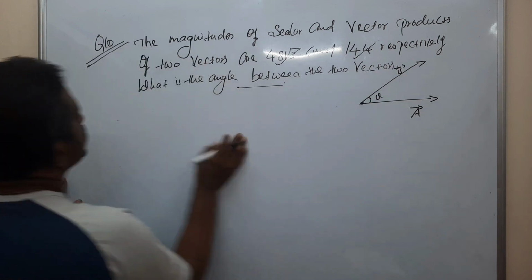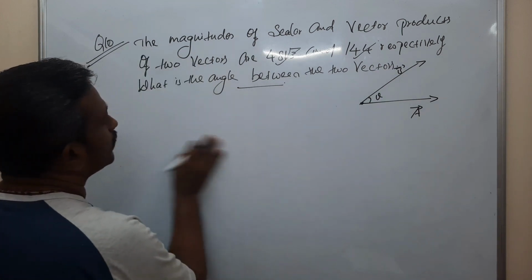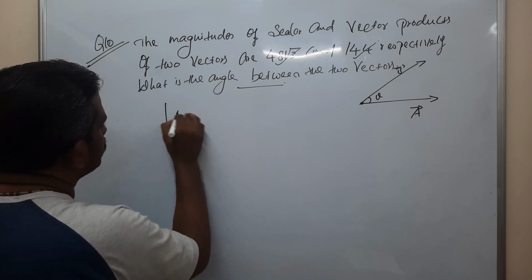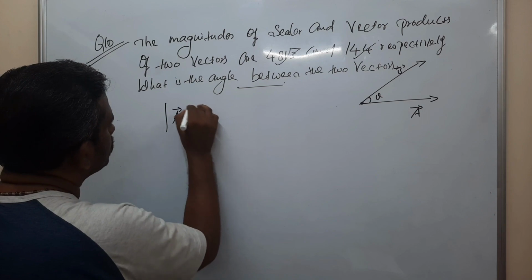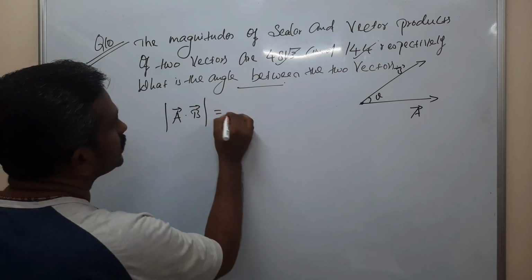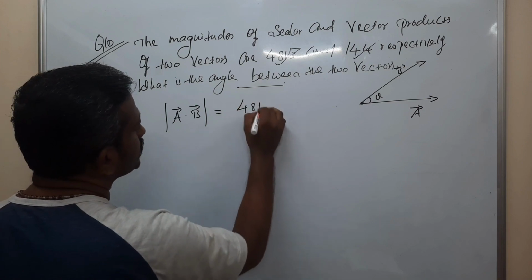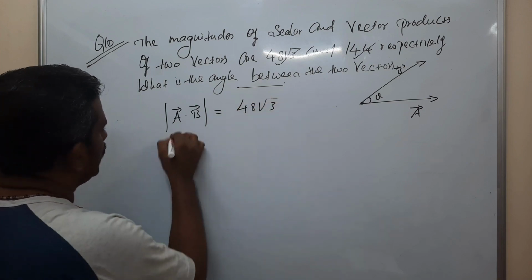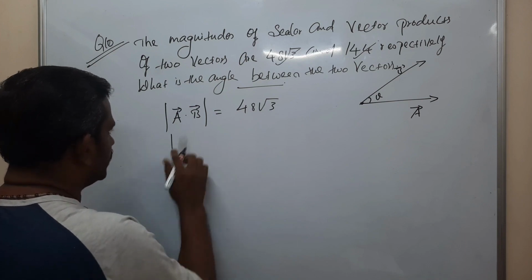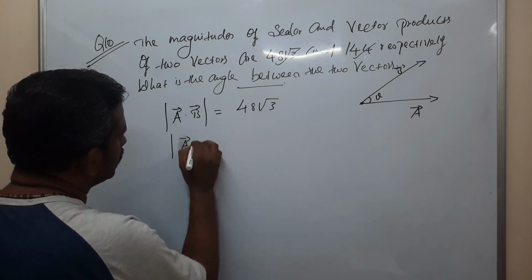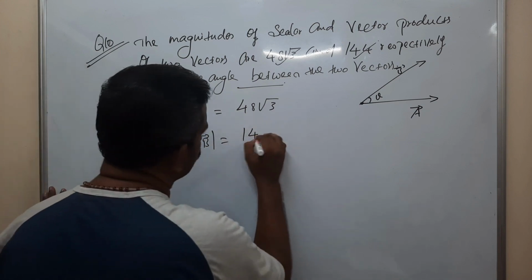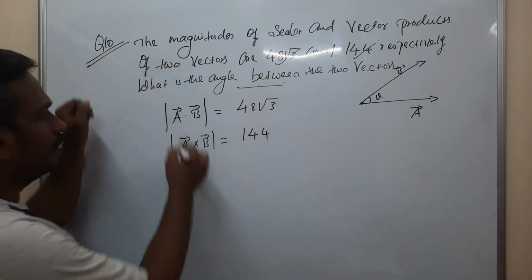The magnitude of the scalar product, A vector dot B vector, is 48 root 3. The magnitude of the cross product, A vector cross B vector, is 144.